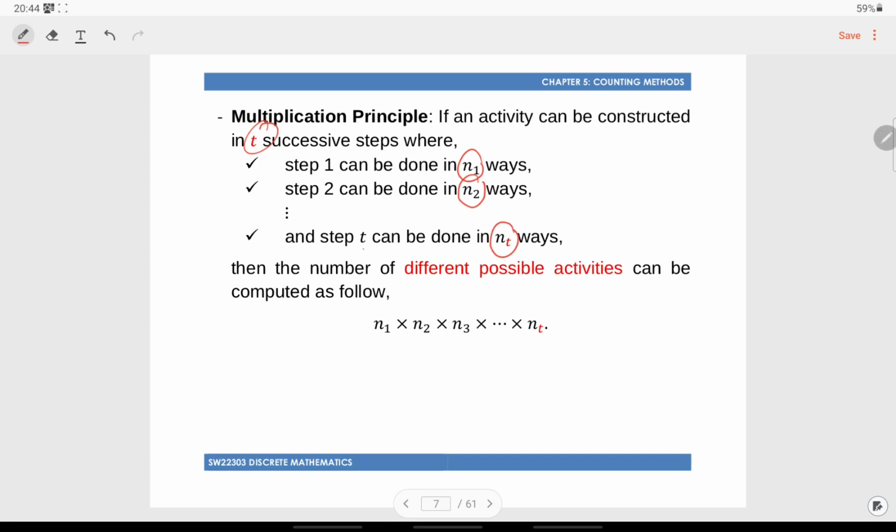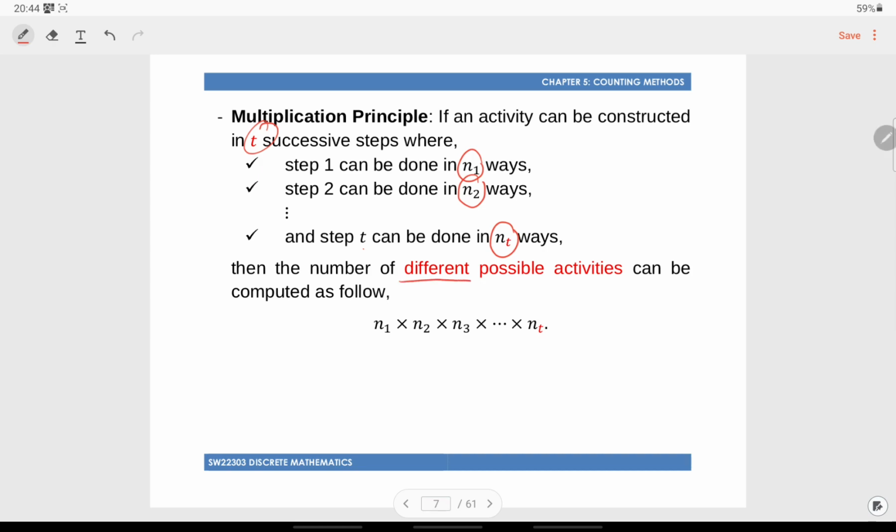So we have t successive steps, and each step can be done in n1, n2, up to nt ways respectively.